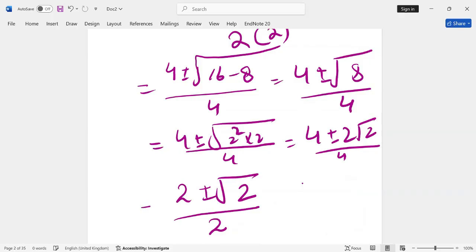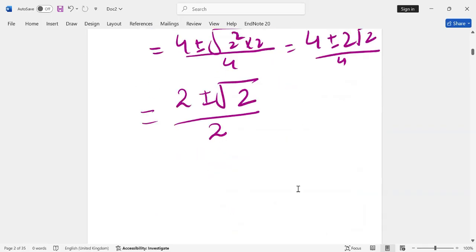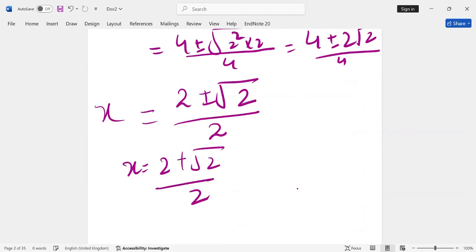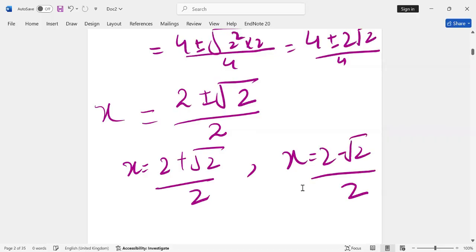Now you have to simplify this equation for our positive and negative value. So when we have 2 plus square root of 2 divided by 2, and we have x equals to 2 minus square root of 2 divided by 2, right?